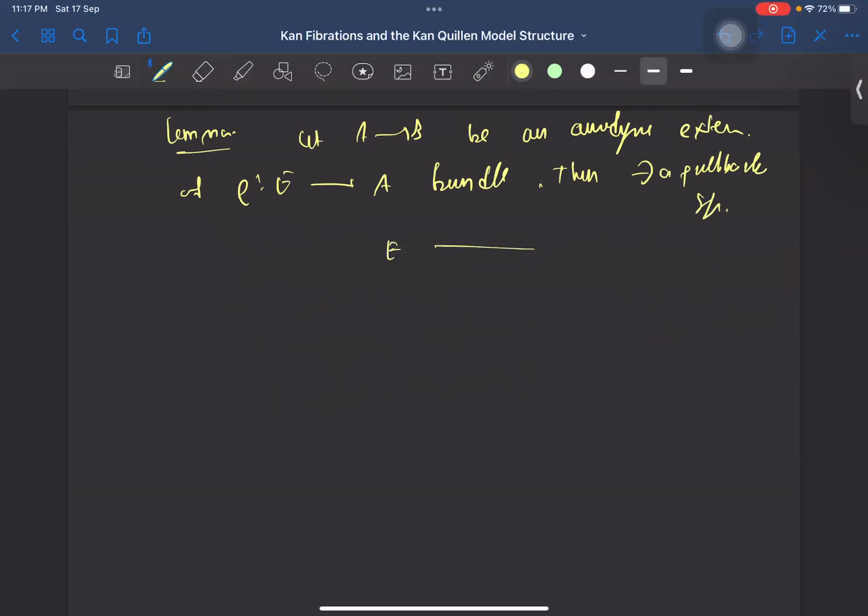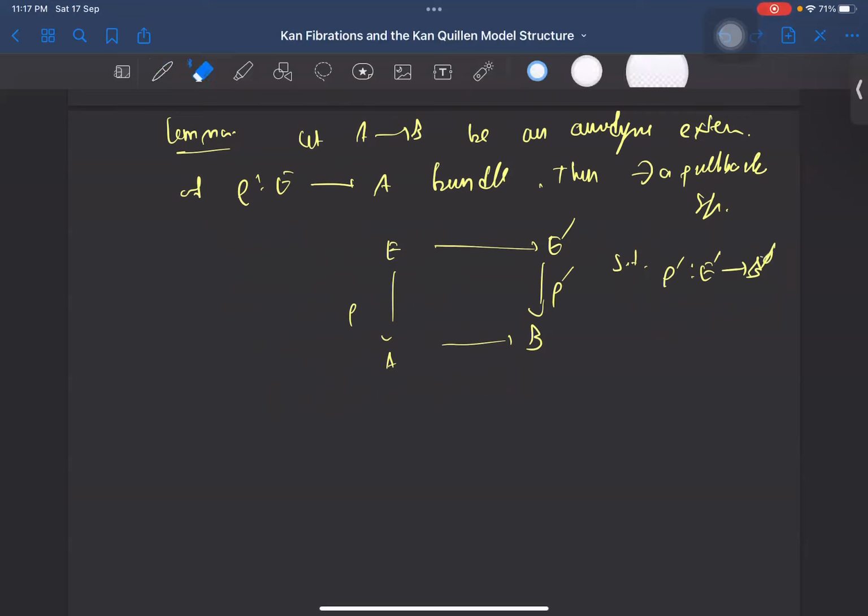Let me make sure I don't get my notation wrong. Wait, no, it's B. Hang on. I think just B is a bundle.